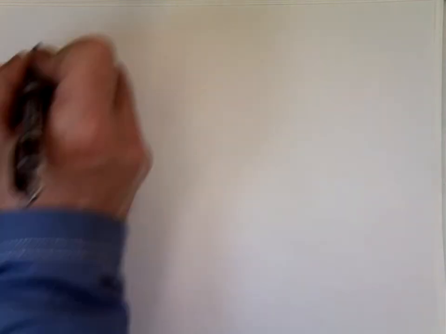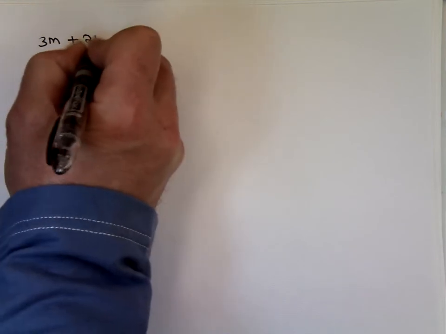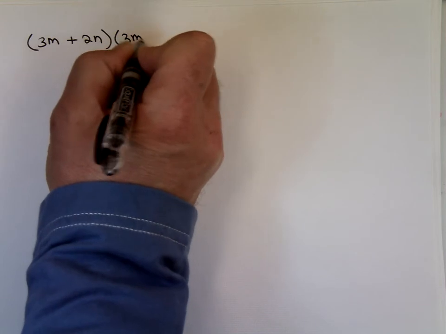So let's try 3m plus 2n times 3m minus 2n.